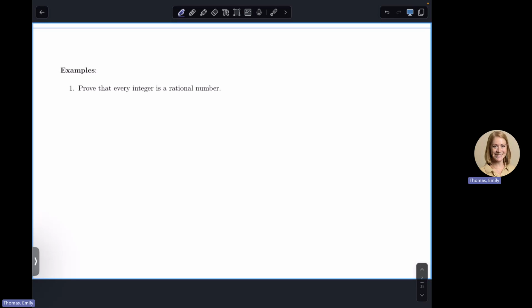We're going to prove that every integer is a rational number. Let's call every integer x. You can read this as an if-then statement. You would say something like, if x is an integer, then x is also rational.